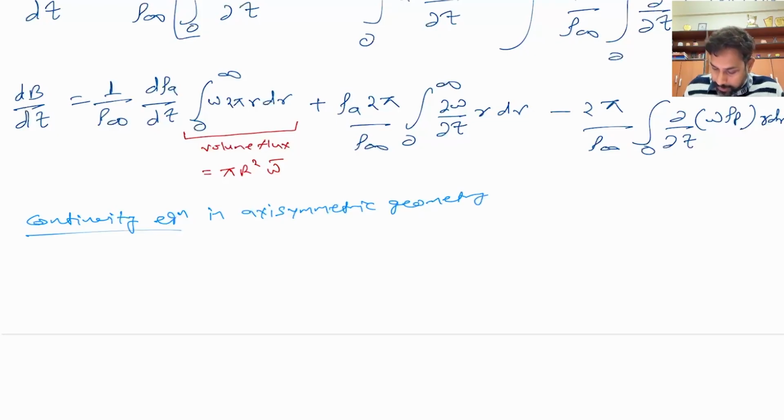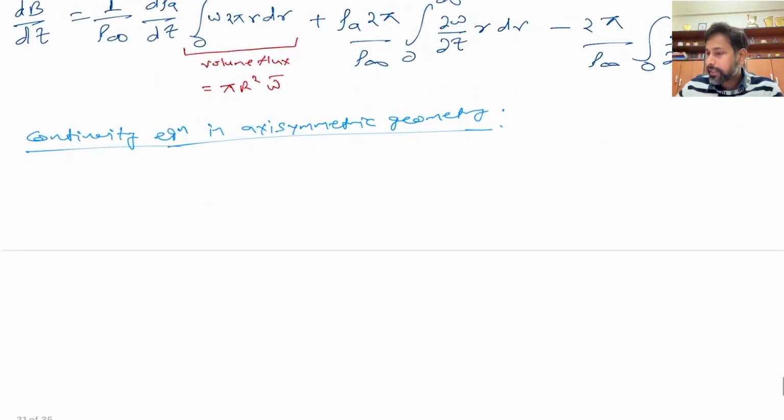Remember that we have already studied the continuity equation and Navier-Stokes equation, but they were in rectilinear geometry. But this equation in particular, I am writing for axisymmetric geometry, because we are considering the plume to be axisymmetric in nature, also called radial geometry, right?